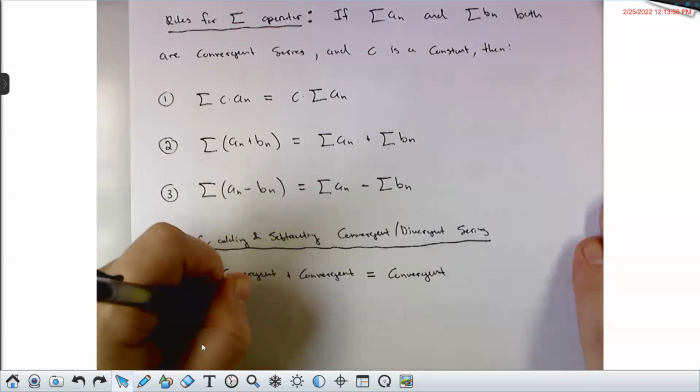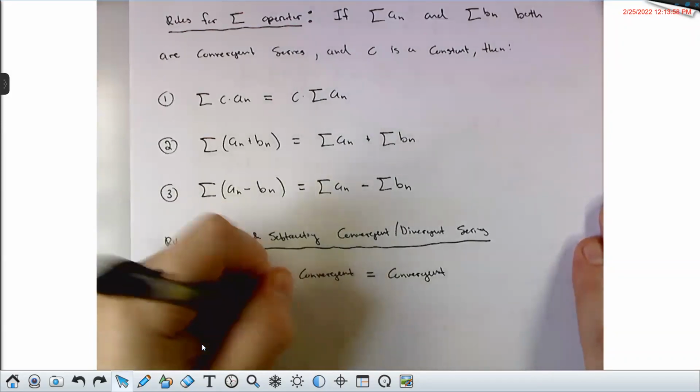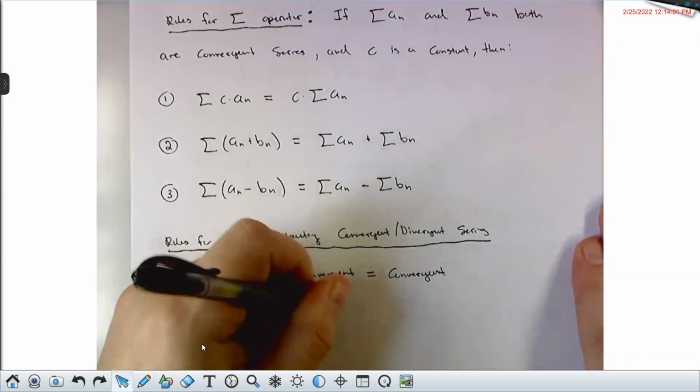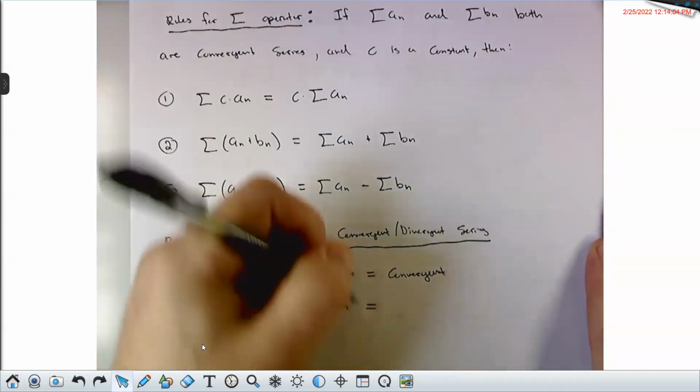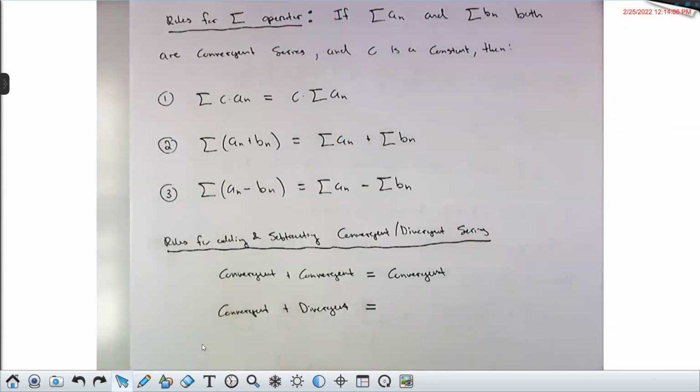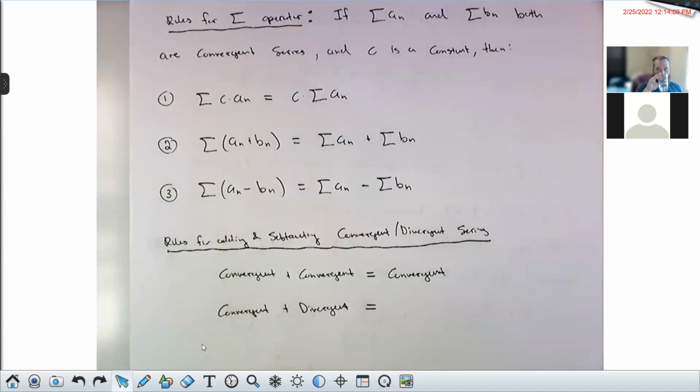If I take a convergent series and I add it to a divergent series, what do you think we'll get?